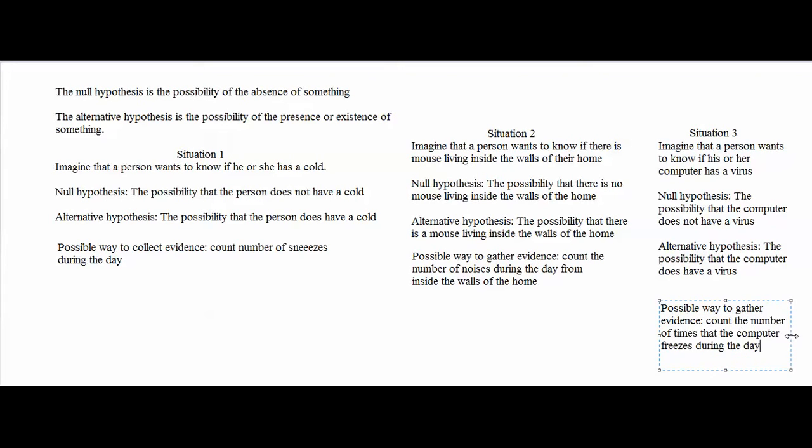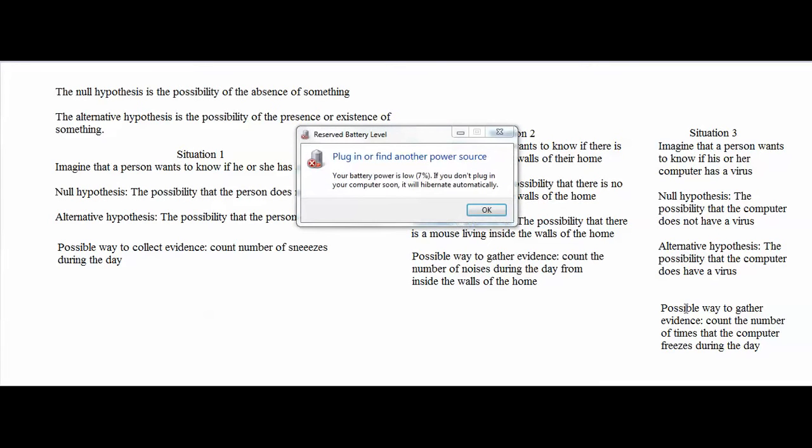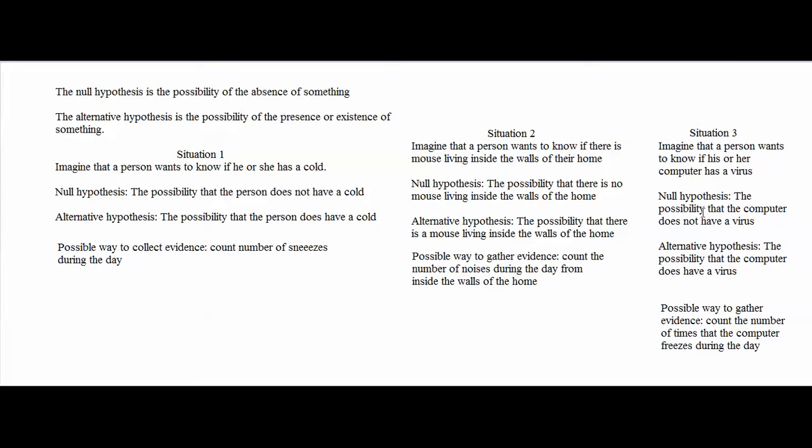And just like in these other examples, if the computer only freezes a small number of times, then that's not really good enough evidence to conclude that the computer has a virus, because the computer could freeze one or two times easily, even without a virus, but it's unlikely that the computer would freeze a large number of times just by chance. So, if the computer freezes one or two times, then the person will assume that the null hypothesis is true and that the computer doesn't have a virus.